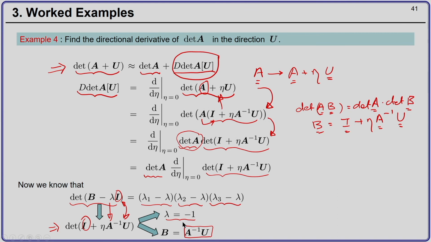So, let lambda 1, lambda 2, lambda 3 be the eigenvalues of eta A inverse u.